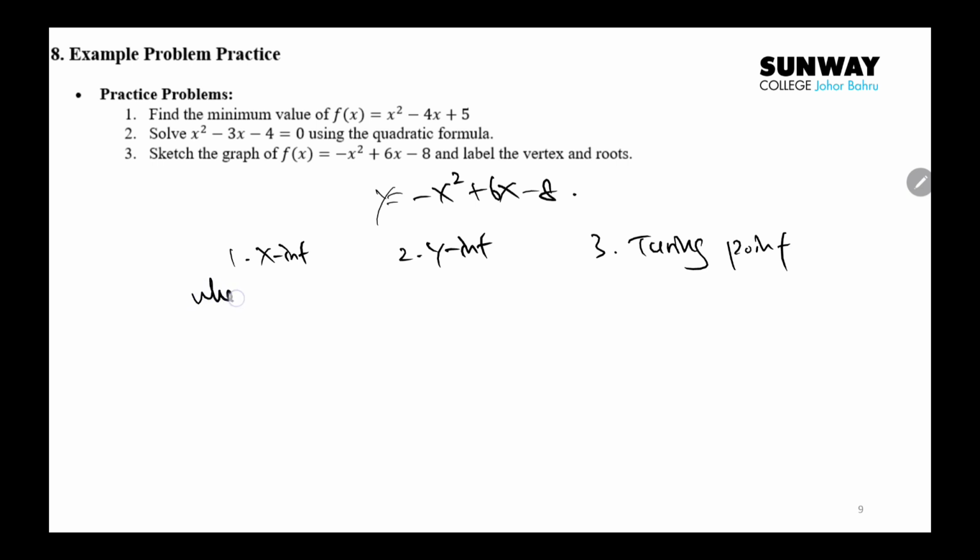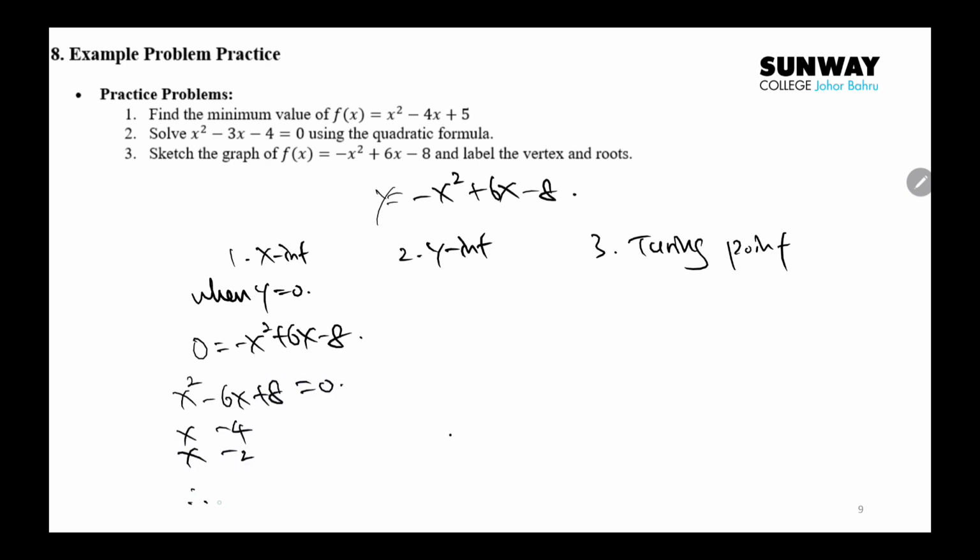The x-intercept is when y equals 0. So 0 equals negative x squared plus 6x minus 8, or you can rewrite this as x squared minus 6x plus 8 equals 0. Factors of 8 that add to 6 are 4 and 2, both negative. You will then be able to get (x minus 4)(x minus 2) equals 0, so x equals 2 and x equals 4 are the x-intercepts.